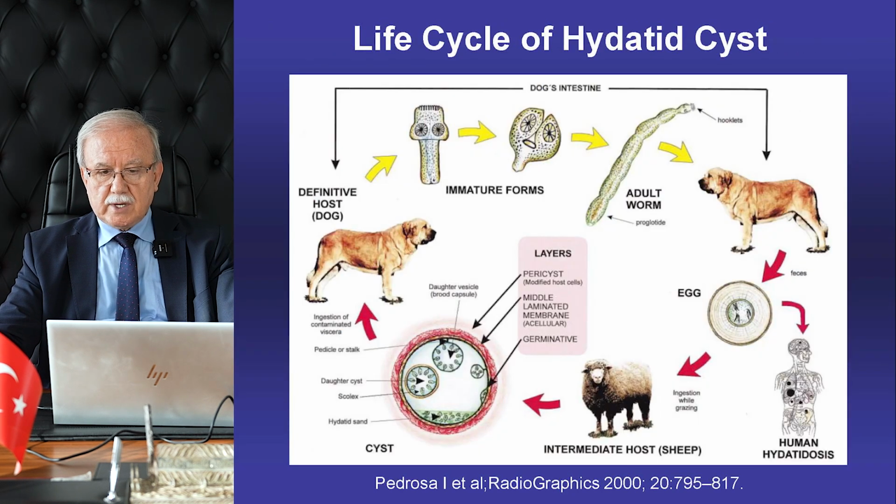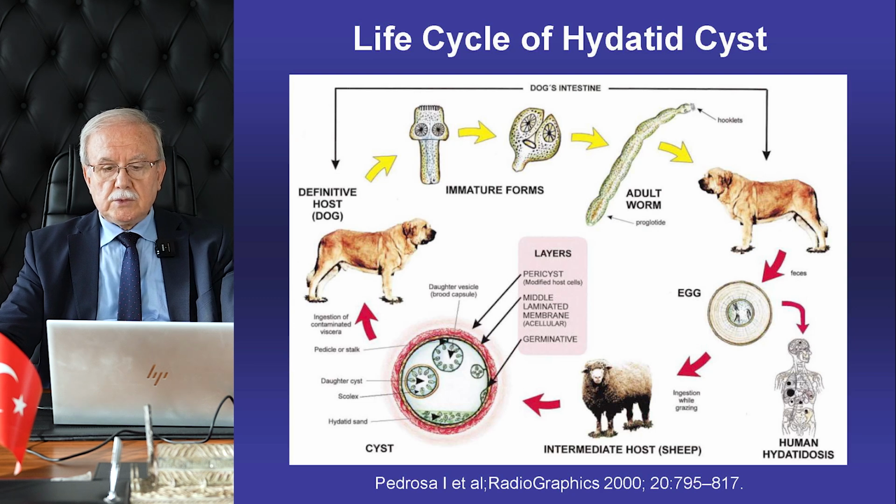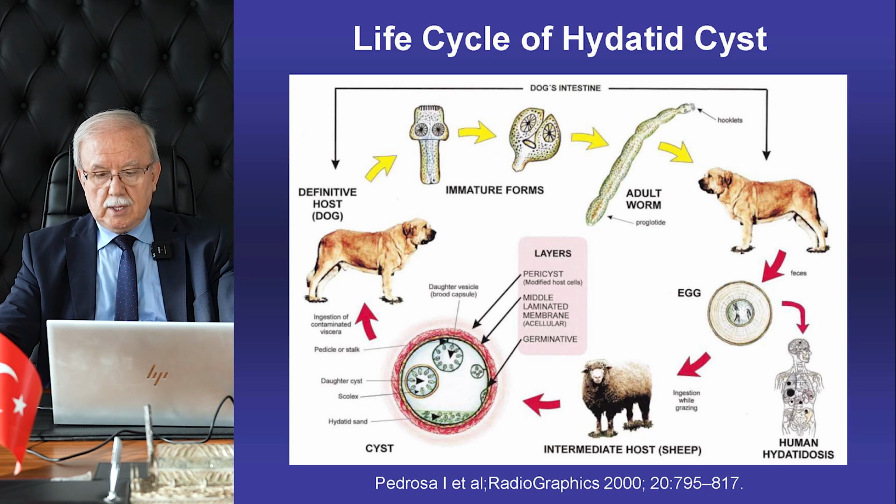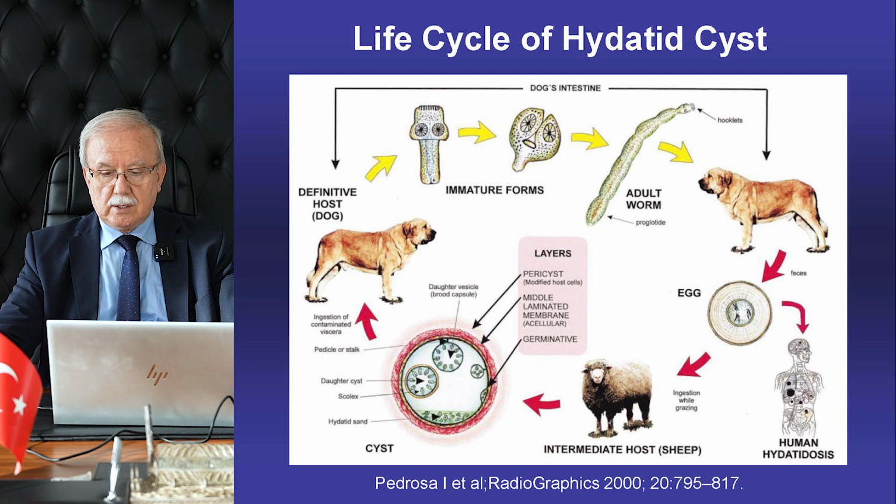When we look at the life cycle of hydatid cyst, the adult form generally lives in the intestine, the jejunum, of dogs or wolves. Every day, thousands of eggs come out with the feces. If the eggs are ingested by sheep or human beings accidentally, as an intermediate host, they can get the disease.